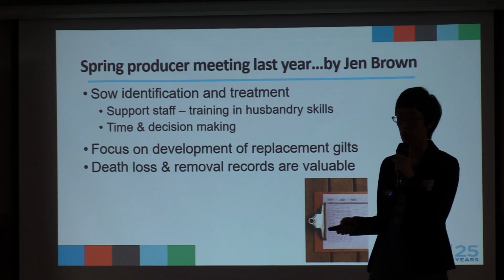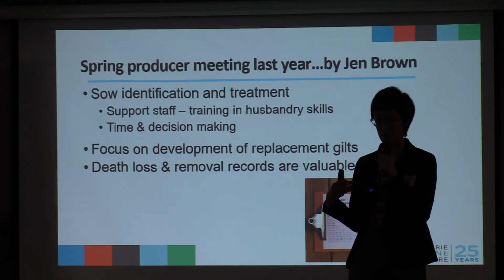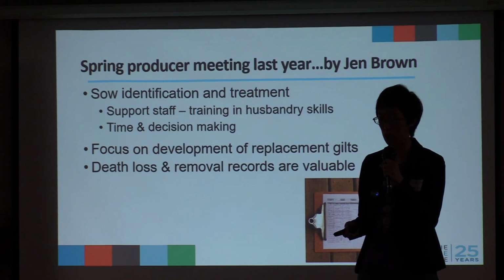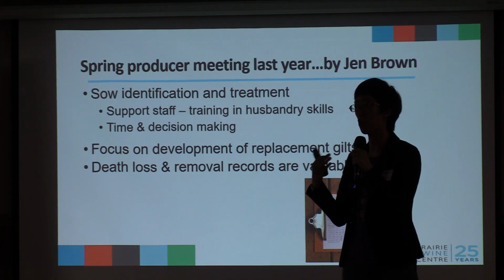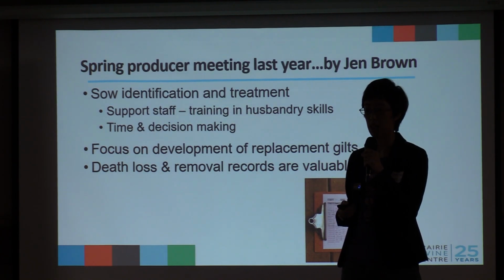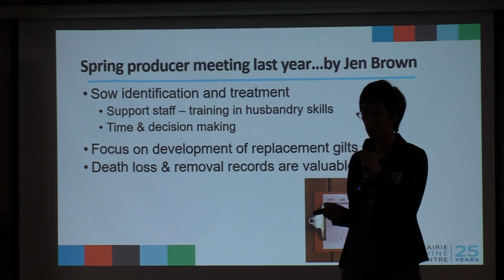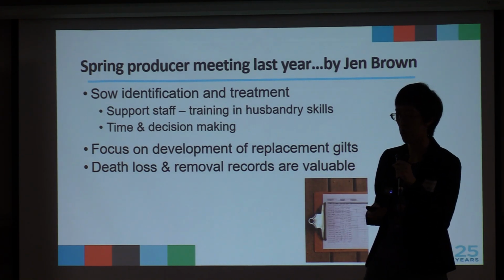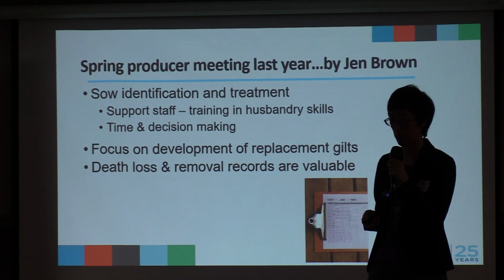She was making some recommendations to you, including tracking your sows better, what types of treatment you're giving to them, and training your staff to better cope with the transition and make timely decisions. Also focus on the development of replacement gilts, and keep an eye on your mortality records.